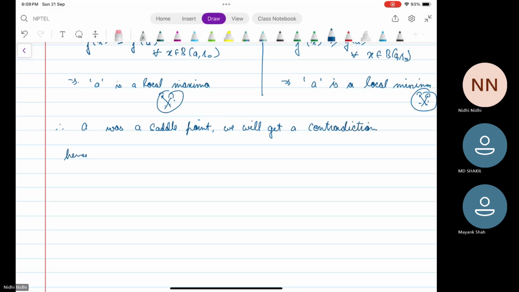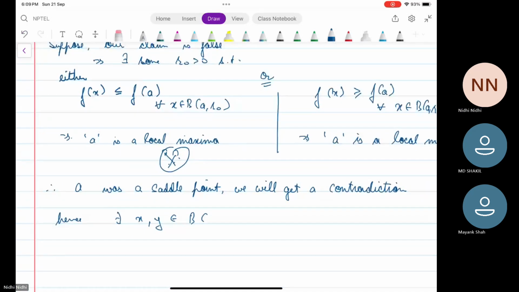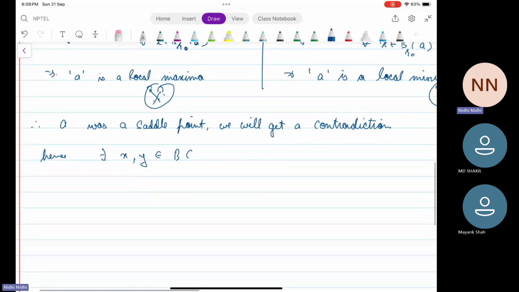Hence, there exist some X and Y in B(R, A) such that f(x) is less than f(a), which is less than f(y).